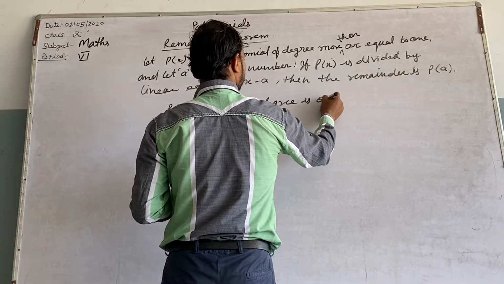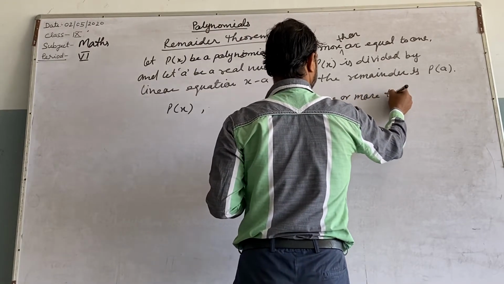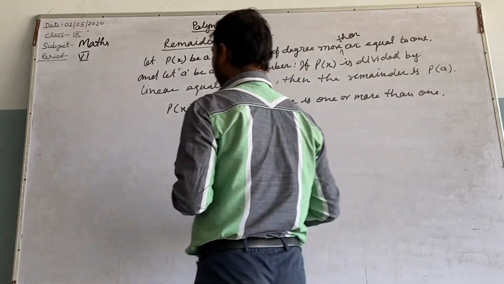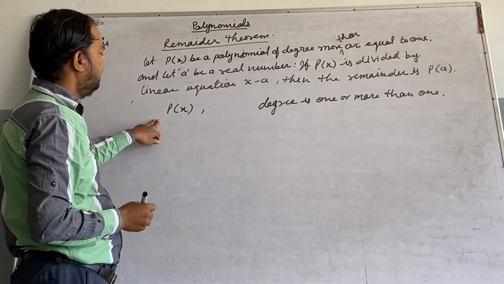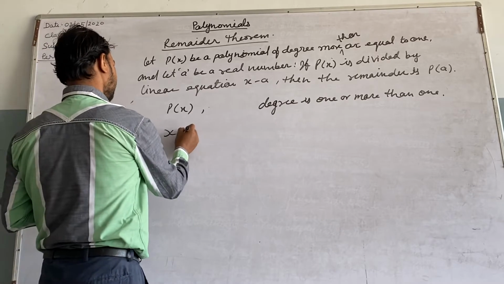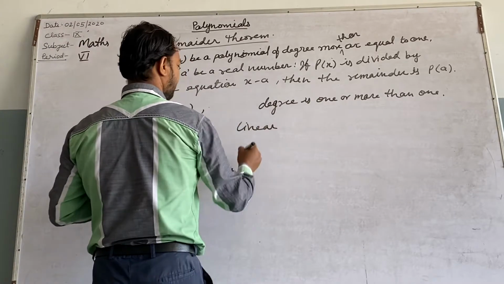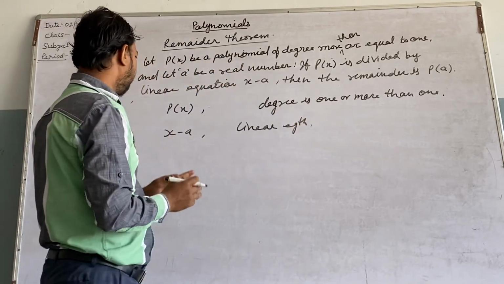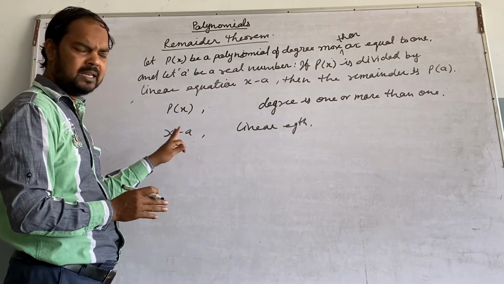And there is a linear polynomial x minus a, and P(x) is divided by x minus a, where a is a real number.